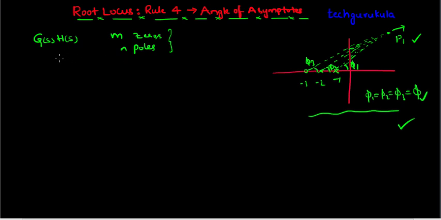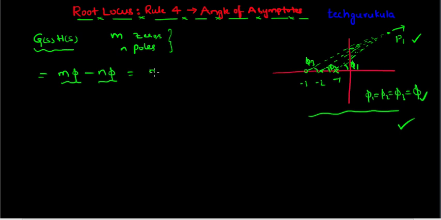So the total or net angle contributed by the poles and zeros of G(s)H(s) we can write as m times phi, which is the angle contributed by the zeros of this function, minus n times phi, the angle contributed by the poles of this G(s)H(s). This will be the net angle contributed by G(s)H(s).